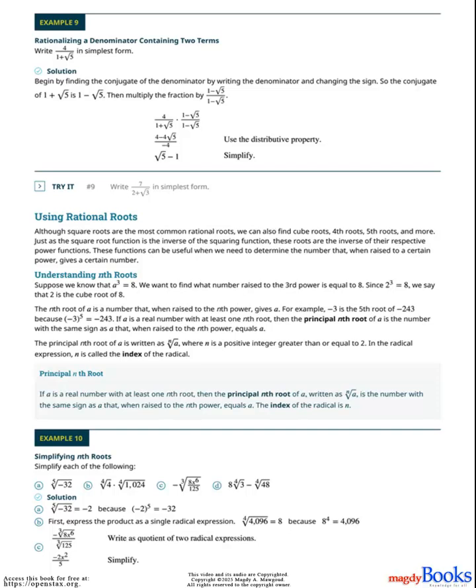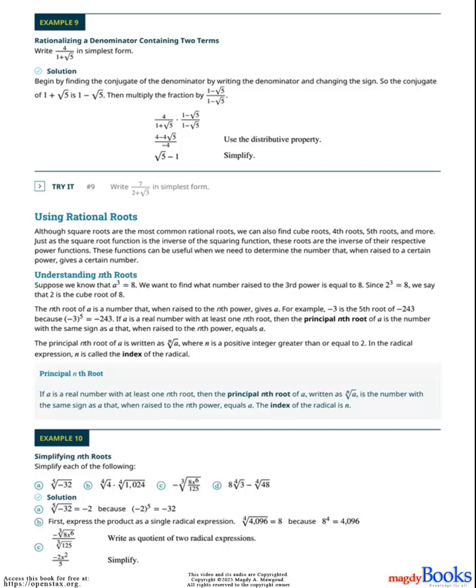Solution. a. Fifth root of -32 equals -2 because (-2) to the fifth power equals -32. b. First, express the product as a single radical expression. Fourth root of 4096 equals 8, because 8 to the power of 4 equals 4096. c.